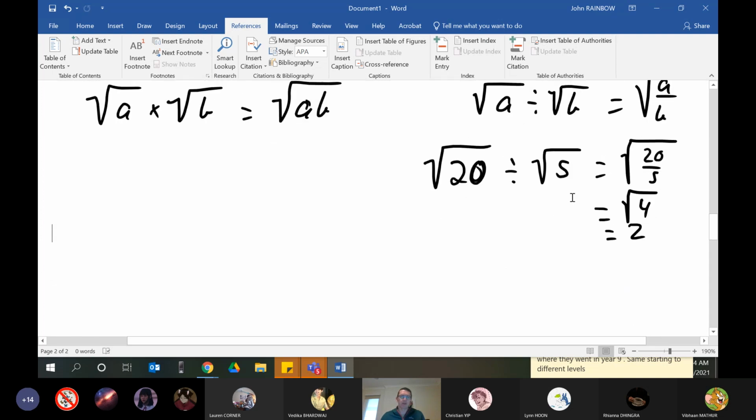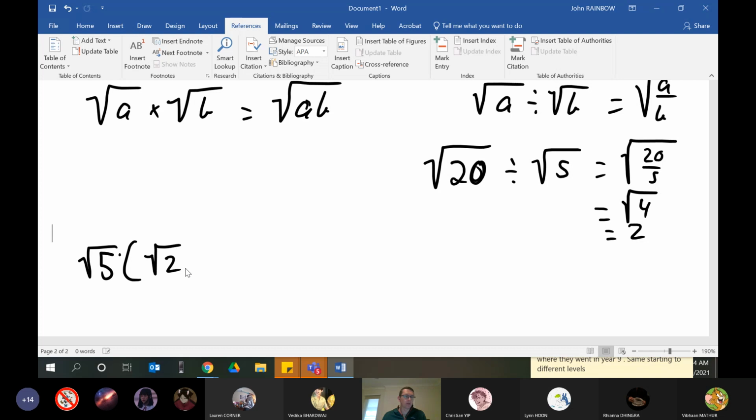So same thing with division. Multiplication, division, you can bring them in. We can also do that with the distributive law. So if I've got root 5 times (root 2 plus root 3), I look at multiplication here. We actually multiply these when you do that.